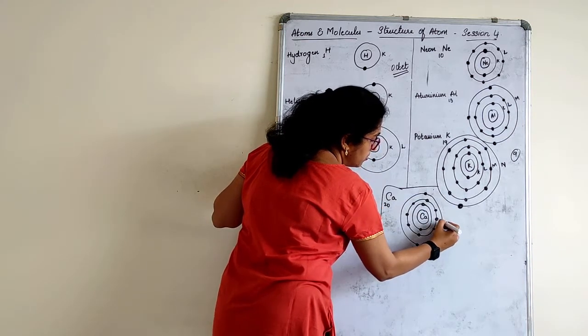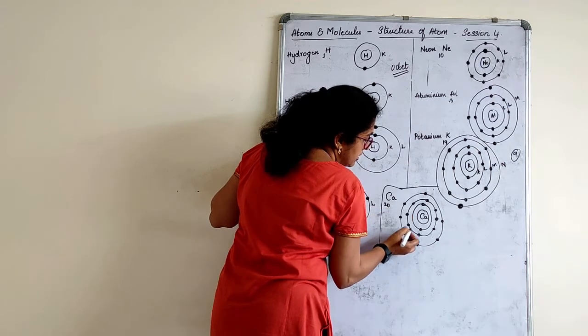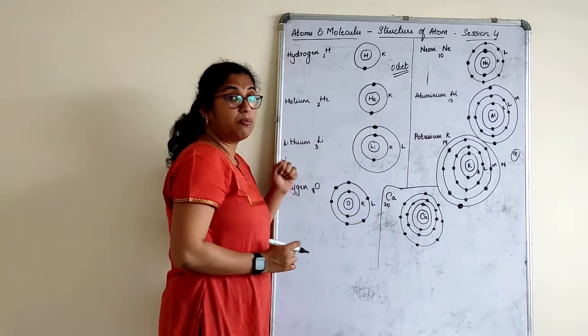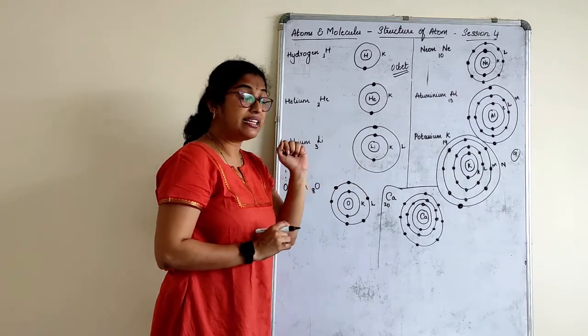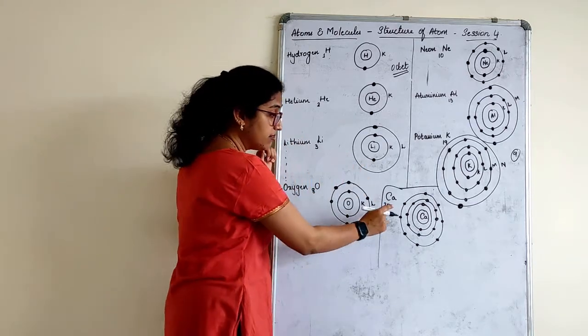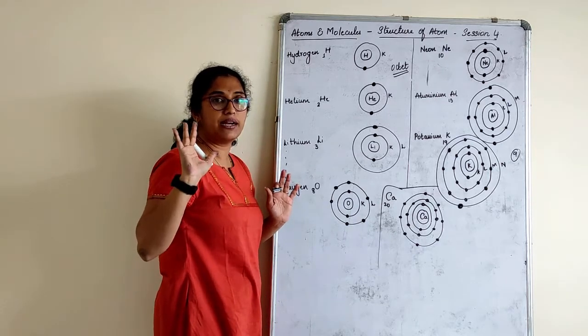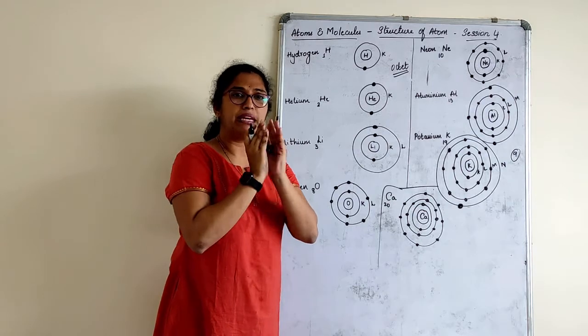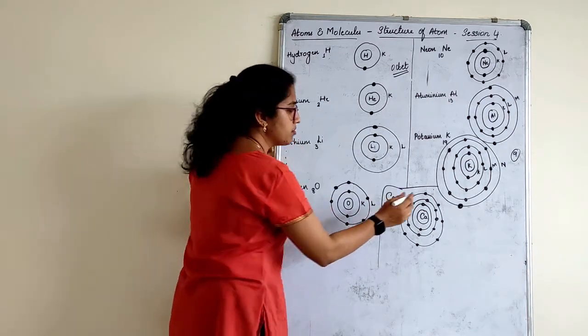Then 1, 2, 3, 4, 5, 6, 7, 8. 2 plus 8, 10. 10 plus 8, 18. It is 20. Though it has 18 capacity, children, I can't fill it; 8 is the last part. To make a complete structure, a stable atom, it should always be 8. Beyond that, it goes on.